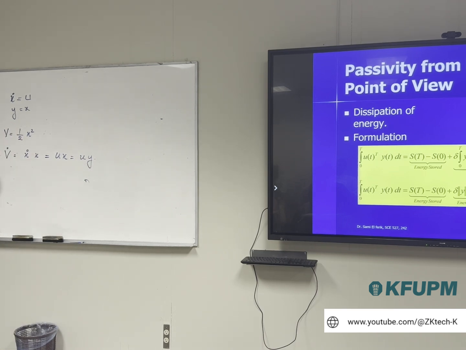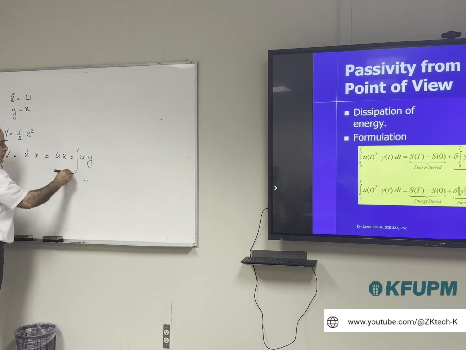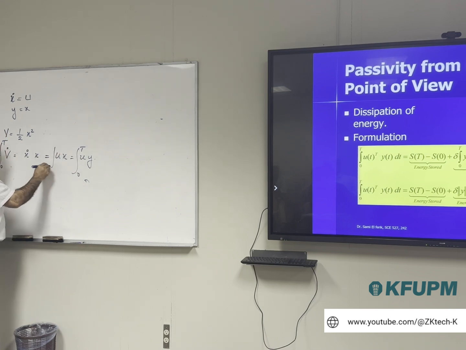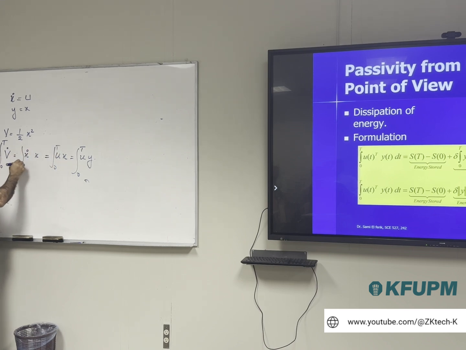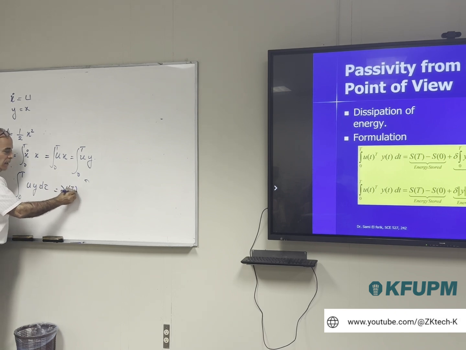And now I take the integral from 0 to capital T from both sides. And I'm interested only in the last value, this one here. So I will be able to write the integral from 0 to T of u times y dt, right? Integrating from 0 up to T is equal to the integral of V prime from 0 to capital T. So this is V of capital T minus V of 0.